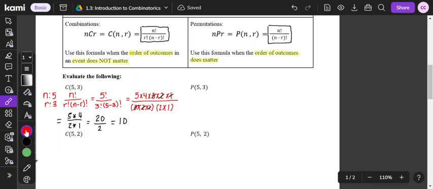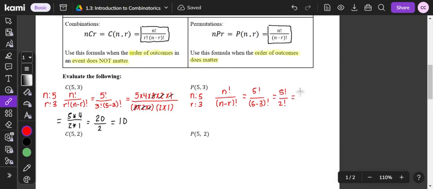I'm going to say n is 5, r is still 3, and now my formula is n factorial divided by n minus r factorial. So this is 5 factorial divided by 5 minus 3 factorial. And of course, 5 minus 3 is 2.